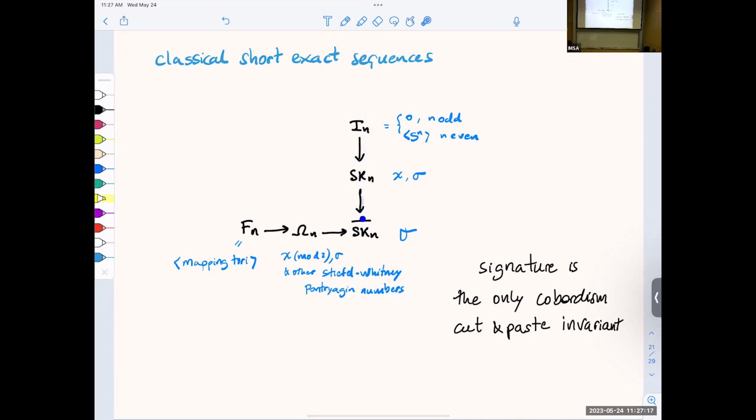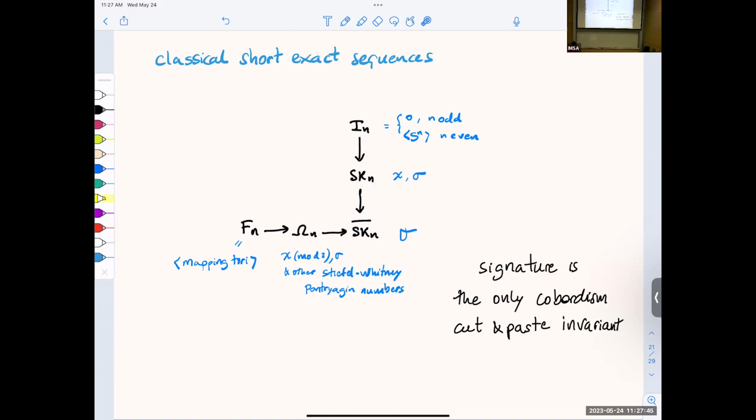The vertical exact sequence is an analog for what happens if you're going from SK to SK bar. What you're going to see here are things that may not be 0 in cut and paste, which are things generated by spheres. Those spheres are 0 in cobordism, so once you quotient by the cobordism relation, those spheres are going to vanish.